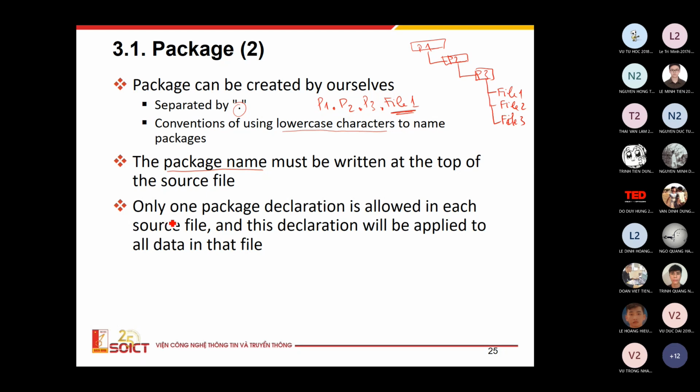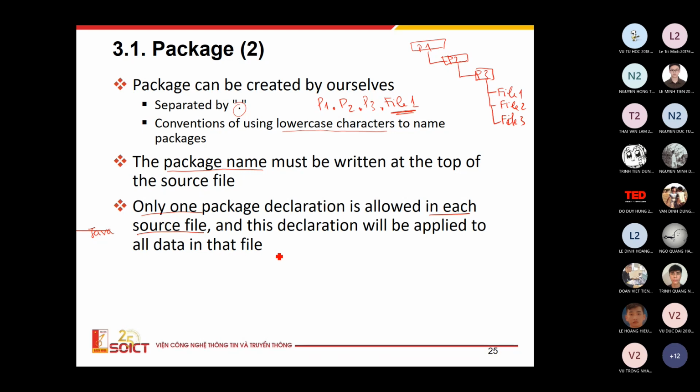Okay, and because in each source file or each Java file, you can have only one declaration for the package. So that means this package will be included in every class in that file.